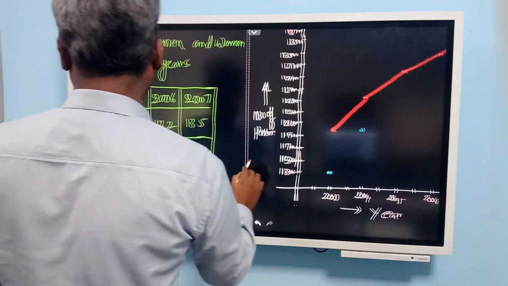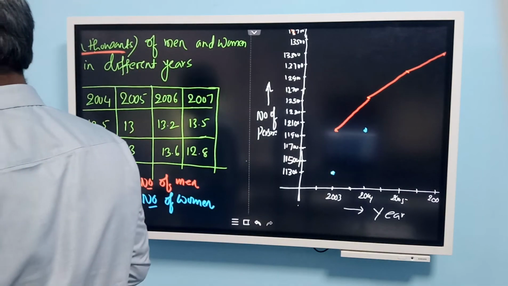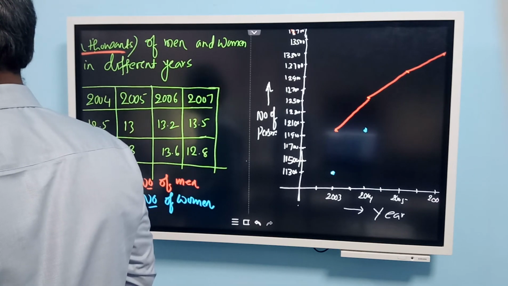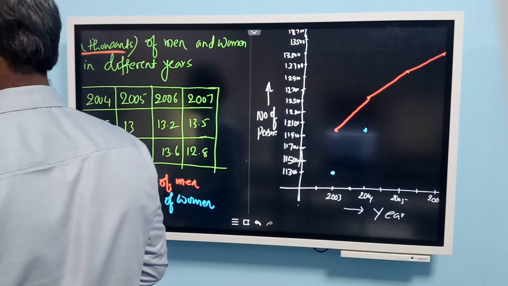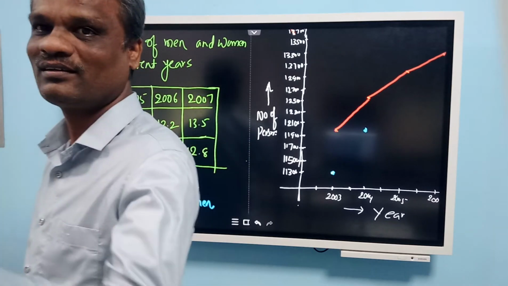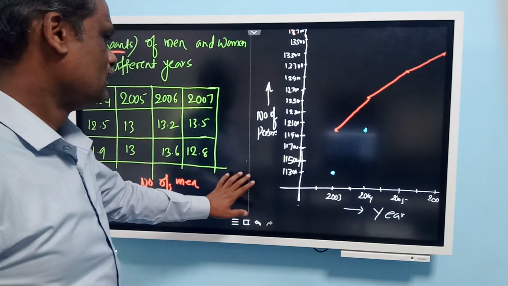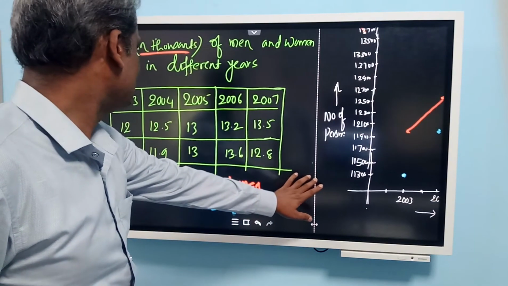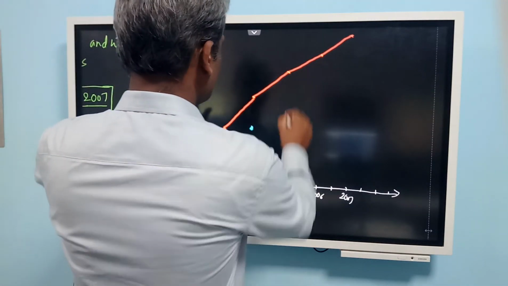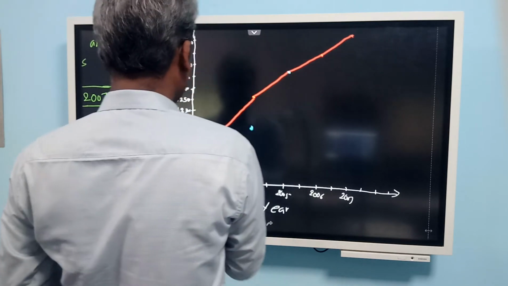So in the year 2005, okay, sir. Now 2004 over 2005 you can see it is 13,000, coinciding here. 2005 it is the same point. So the number of men and women become the same.